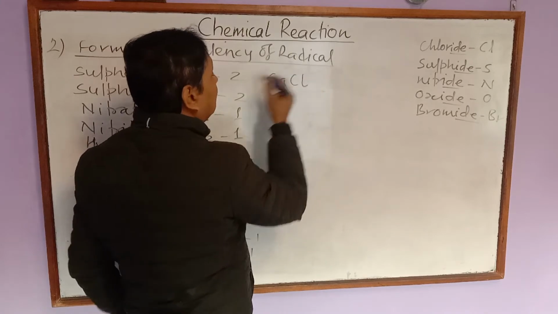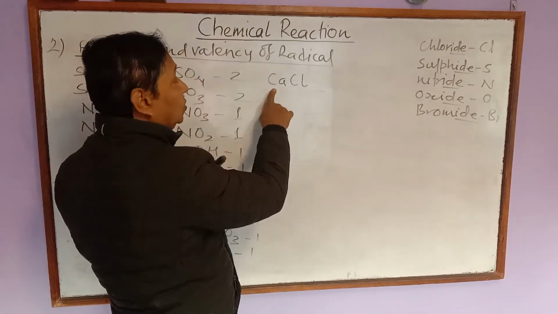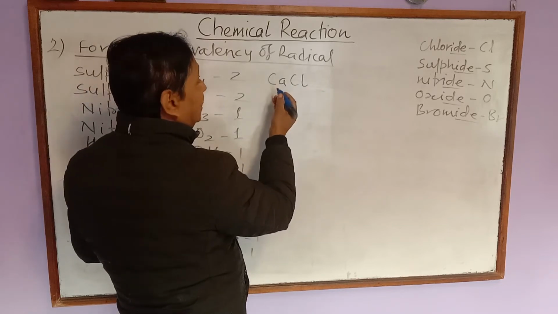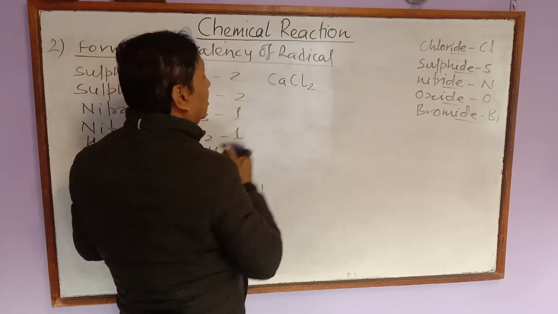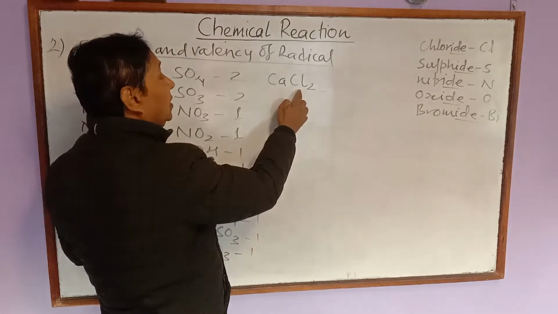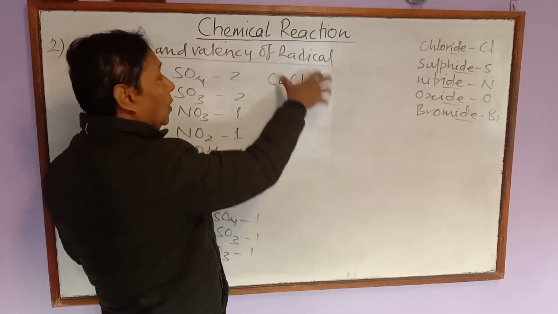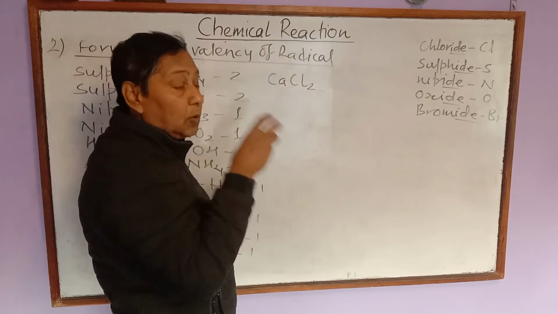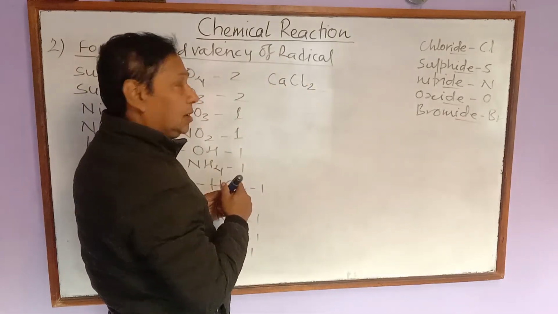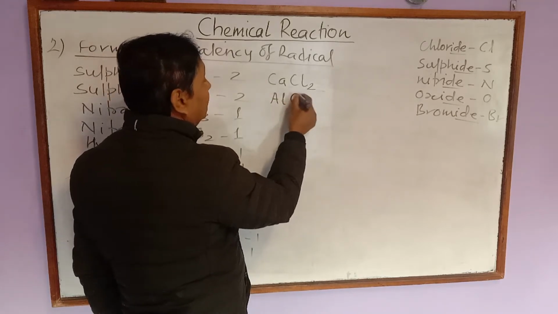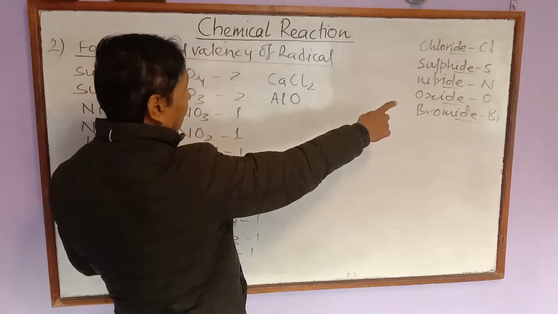Chloride means chlorine is combined. Calcium valency 2, chlorine valency 1. Now it means what? We have to exchange the valency. Calcium valency 2 should be transferred to chlorine. Chlorine valency 1 is usually not transferred. Ca itself is 1. That's why, what is the molecular formula of calcium chloride? CaCl2. In the same way, aluminium oxide, aluminium Al, oxide means O, oxygen is combined.